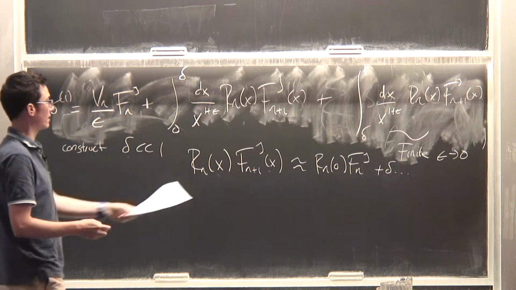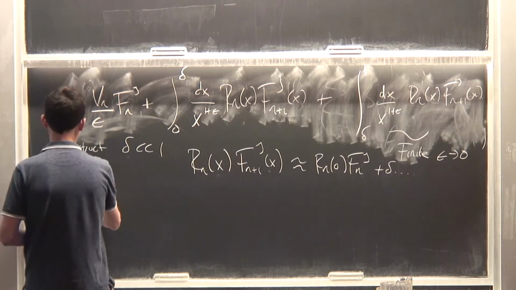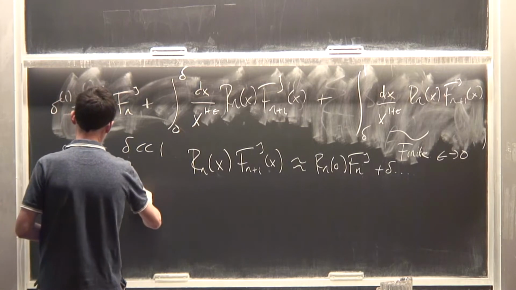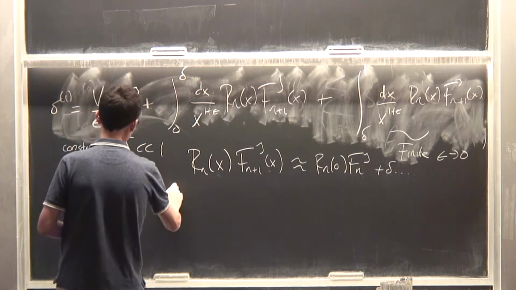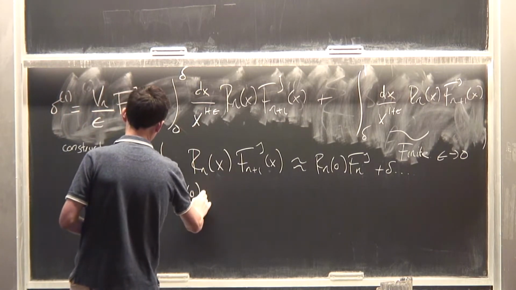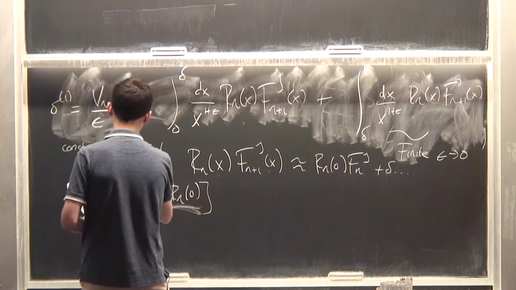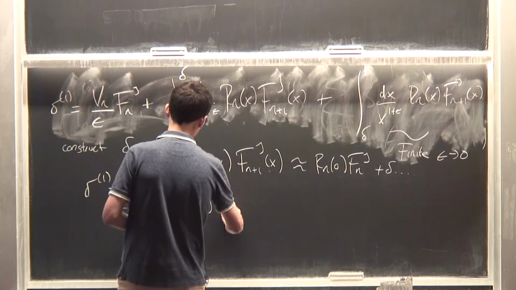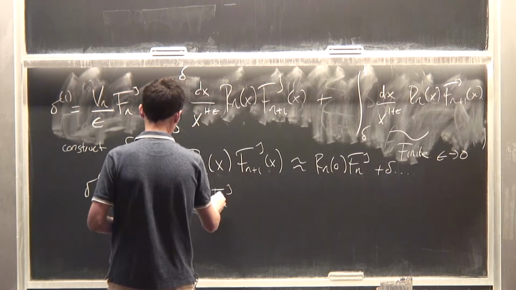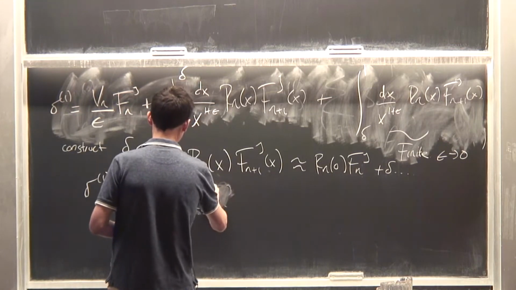Good. All right, so now this is a constant. It can come outside the integral. So sigma 1 is Vn over epsilon plus Rn, and this whole thing is now in the same measurement function.